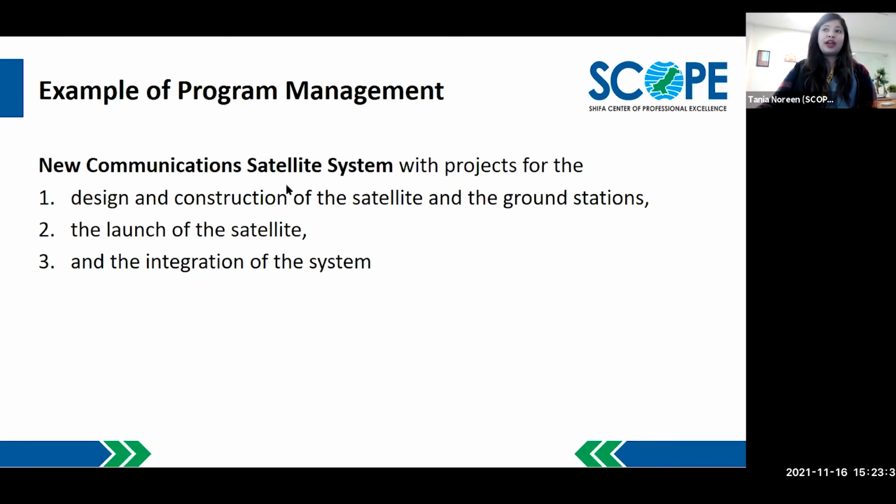This is the program, and 3 projects clubbed into one big program. Although these 3 will have their start date and end date, they are part of this big program.